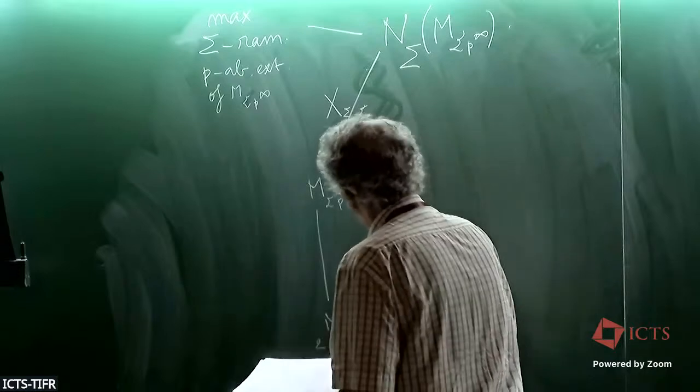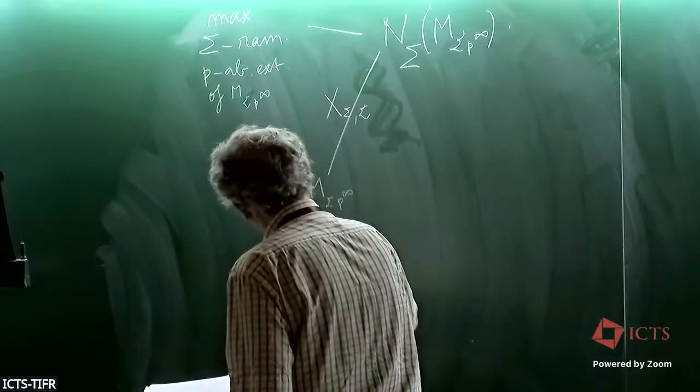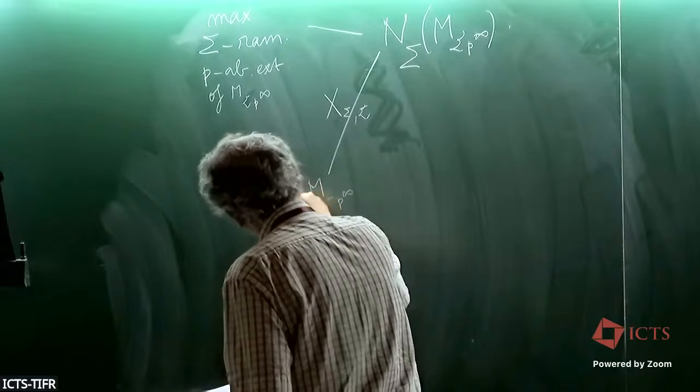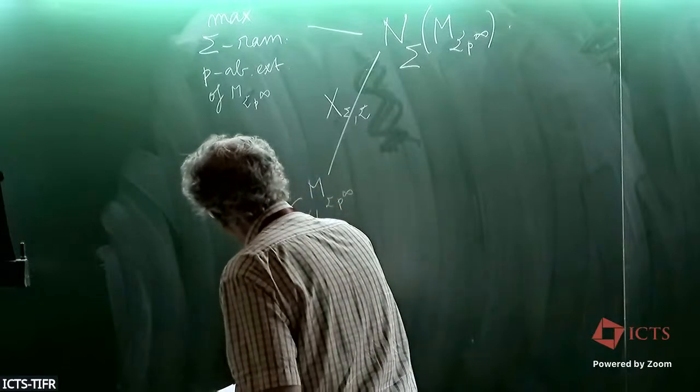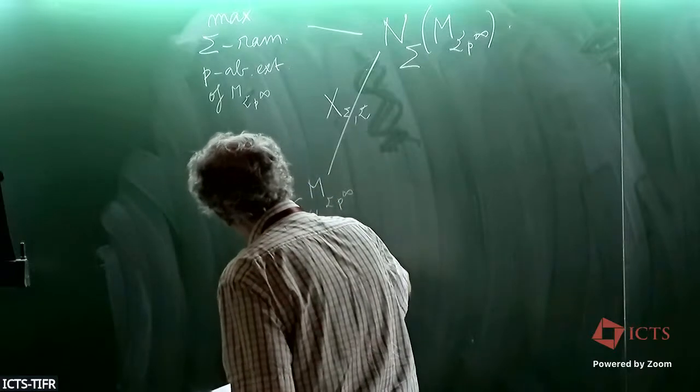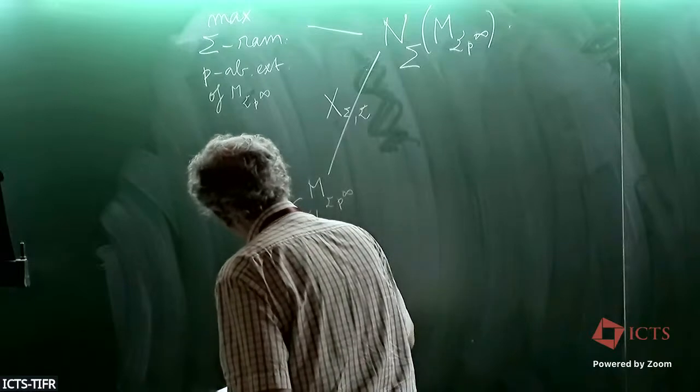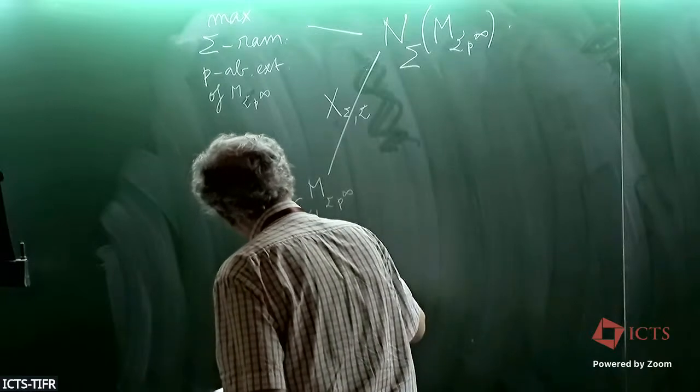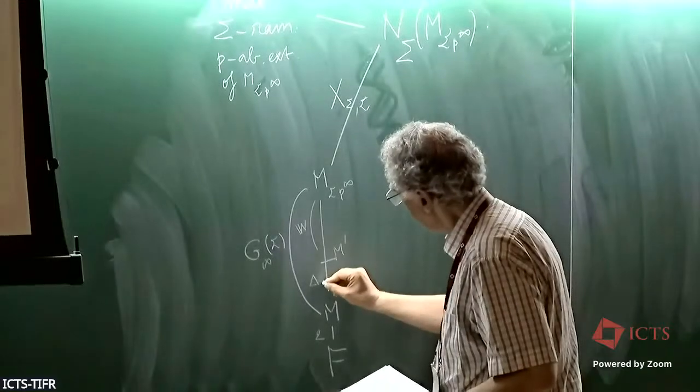Here you decompose into W. Here you have G infinity of C, here you have W, here you have delta C. So this field is M prime, say, delta C.